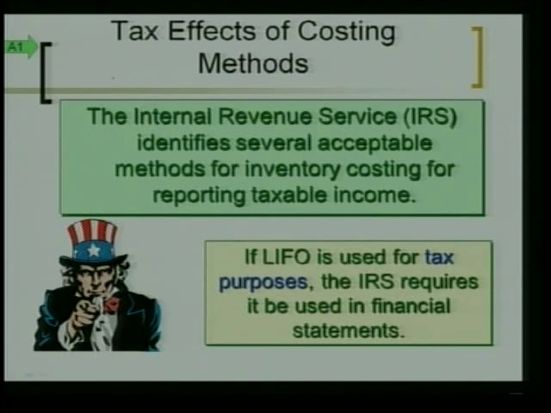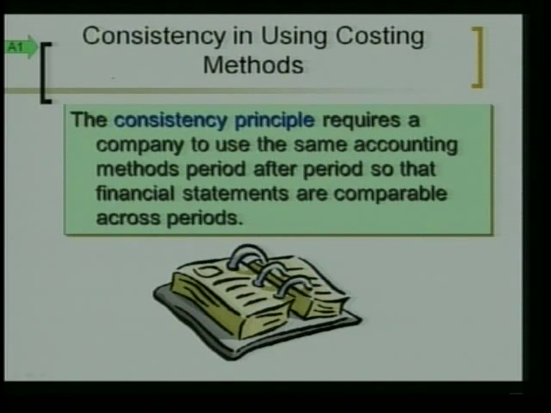Okay? Now, sometimes people say, well, it seems like what you should do is if prices are going up, you should use LIFO, and if prices go down, you should switch over to FIFO. Well, I like that you're thinking that because it means you understand it. But there's something called the consistency principle. And that requires a company to use the same method from one period to the next. Okay?